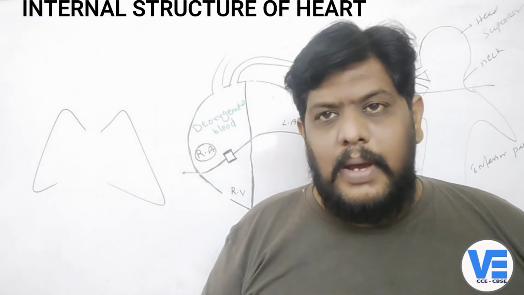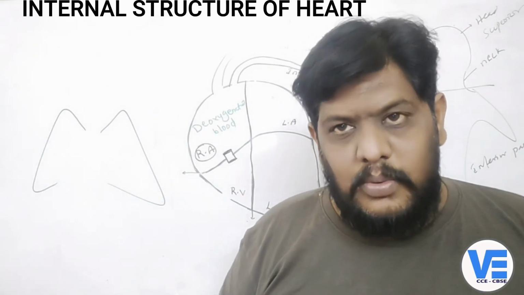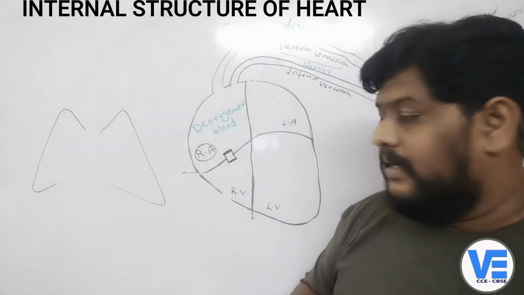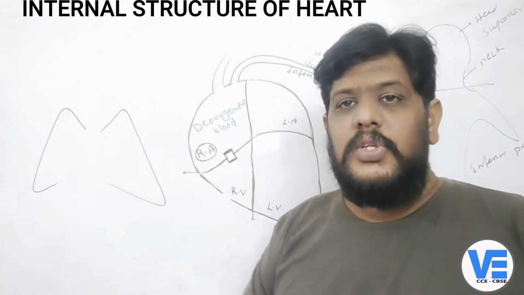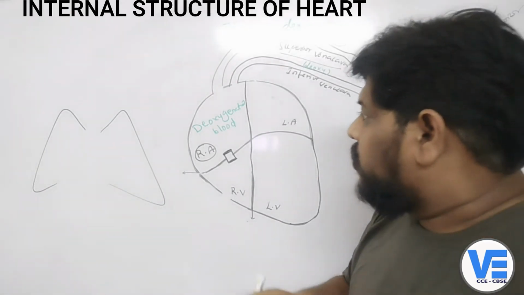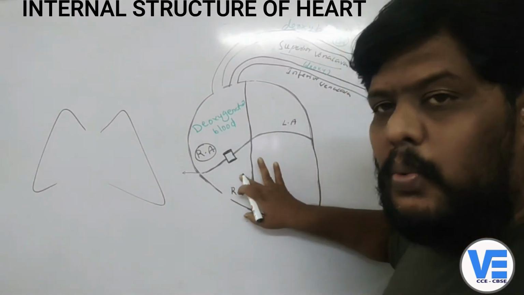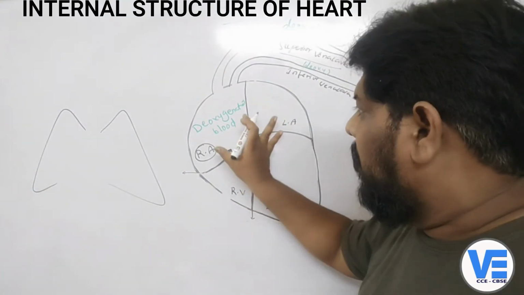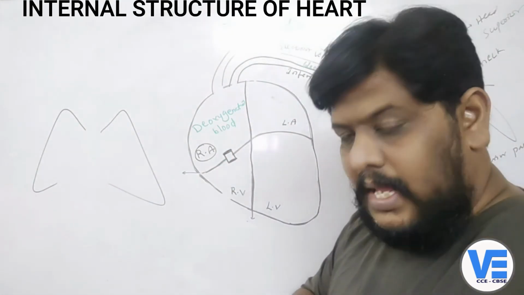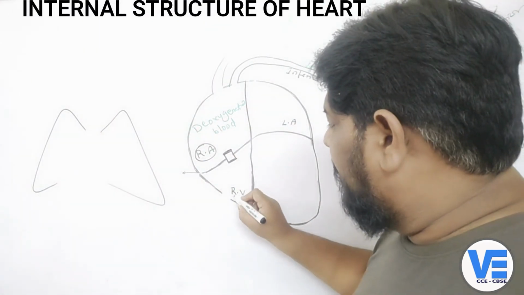No, it never comes out. That is the reason why we have a valve here. So this valve allows the blood to travel from the right auricle to the right ventricle. When the right auricle contracts, the blood comes to the right ventricle.